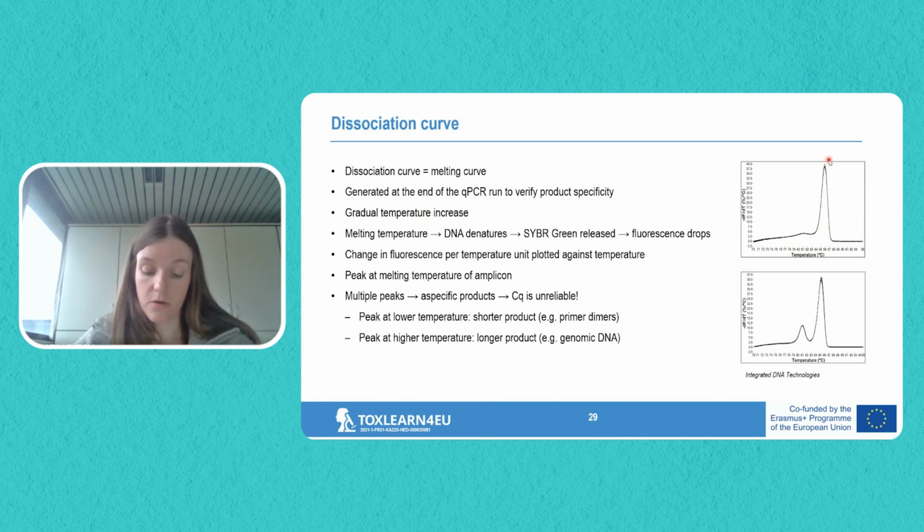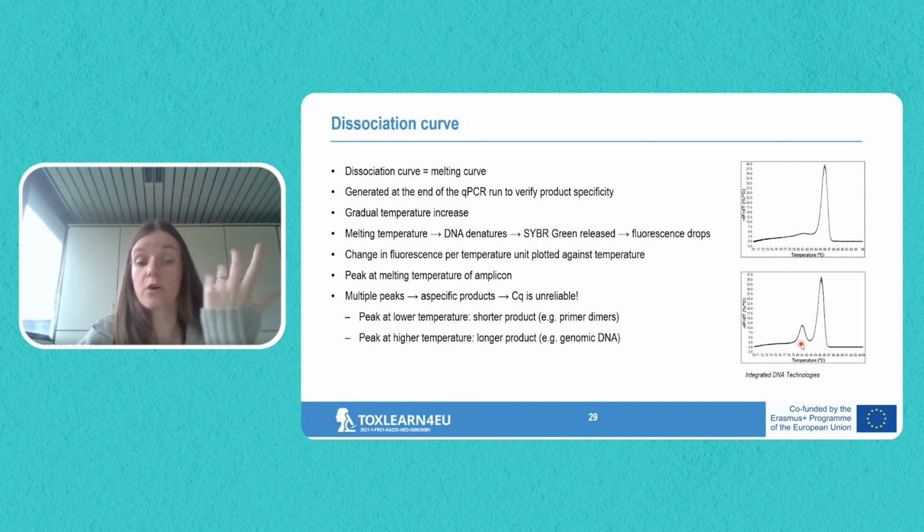Now, what can also happen is that in one sample, a second peak is found at a lower temperature. This means that two different products are formed, one with a higher melting temperature and one with a lower melting temperature. And a lower melting temperature generally means a shorter product.